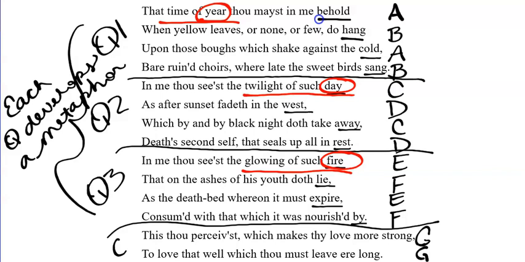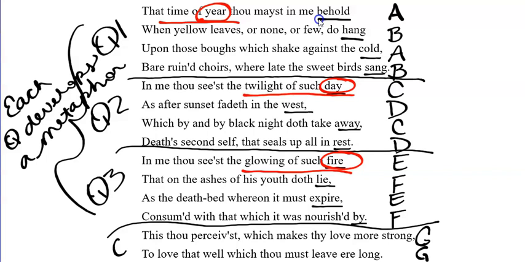We're going to look at the details, and from those details, we're going to write over to the side what he's comparing himself to. So with the first quatrain, we're looking at the time of year.